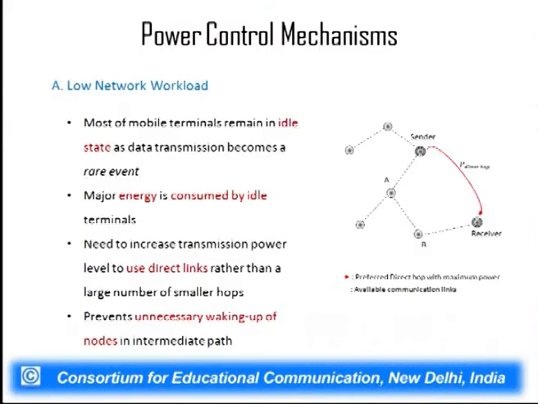So what are the advantages that we get from here? As in the figure, we can see that if we are going from the sender to the receiver via nodes A and B, we are unnecessarily waking up those nodes. Those nodes have nothing to do, right? So there is no need to unnecessarily wake up the radios of other devices. The sender can take a direct path by enhancing its power level and reach the receiver.